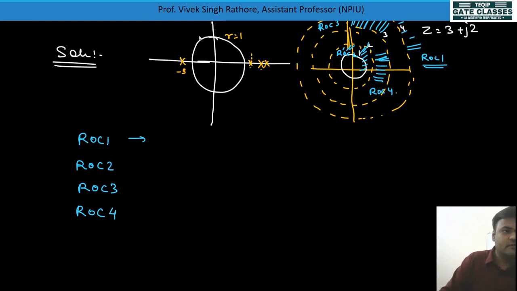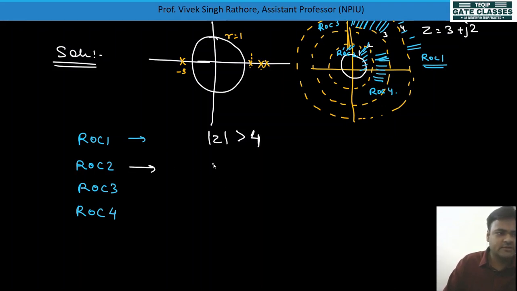Now see this value, mod z, or R value. One ROC is mod z is greater than 4.